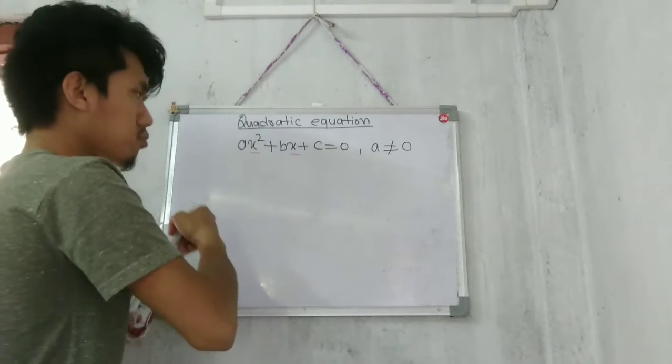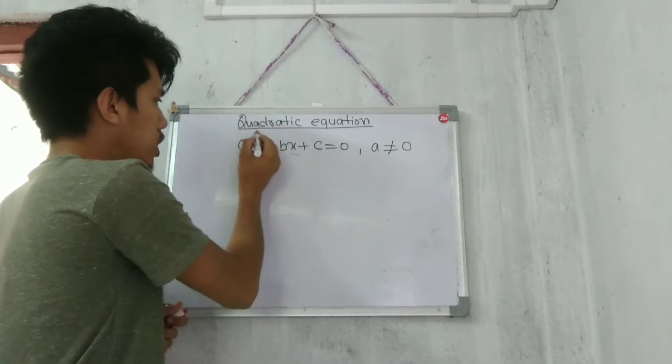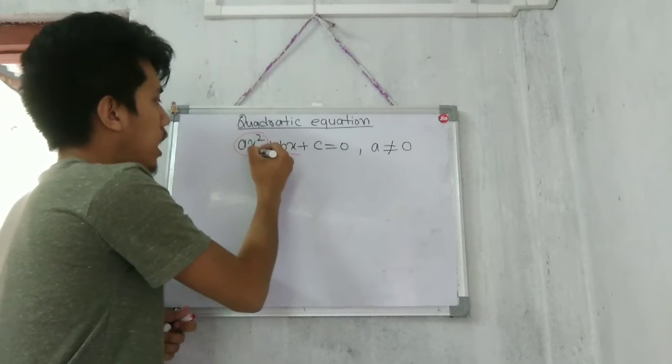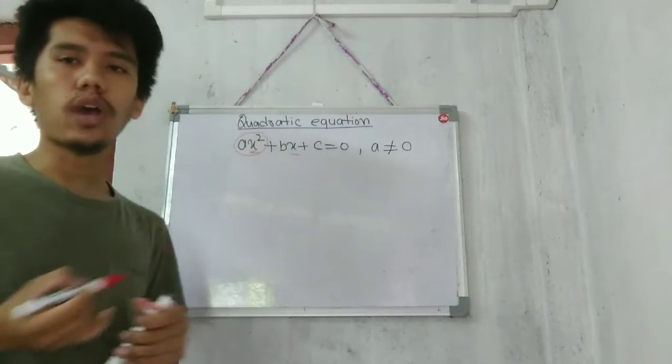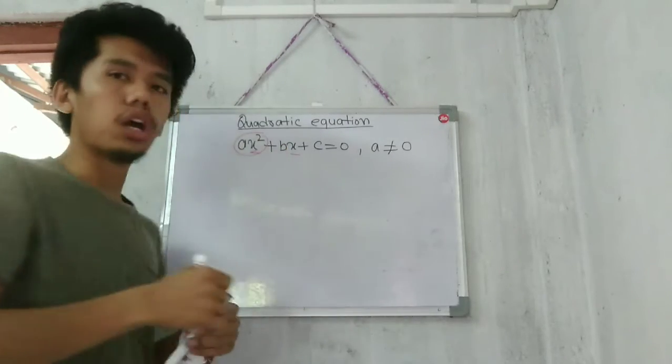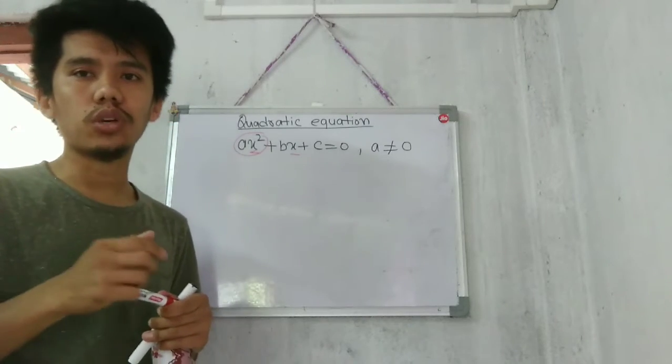If you see very carefully this very first term, it is x square. Because the degree of x is 2, we call it a quadratic equation, meaning 2.